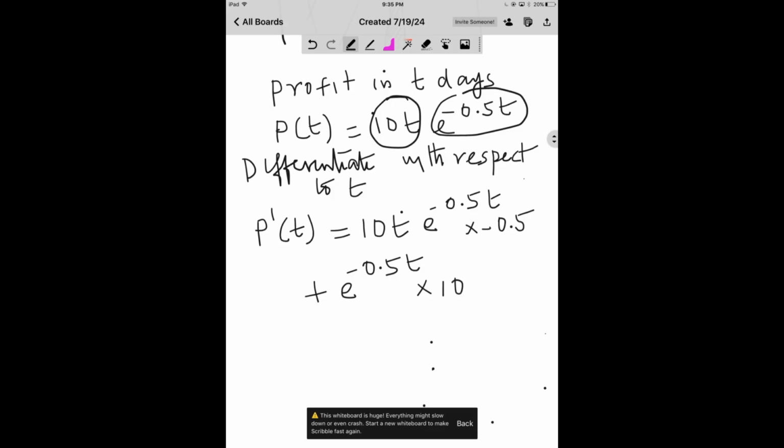So now we need to take negative 5t e raised to negative 0.5t common factor.